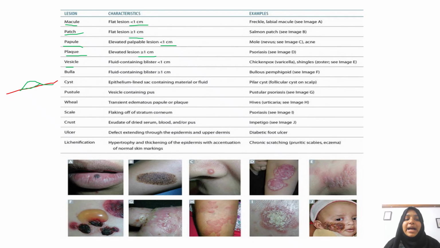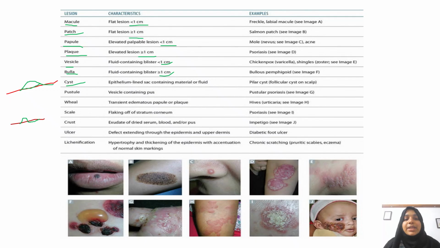Vesicle is when you have your skin layer, and then you have a very small fluid filled lesion. The other one was simply raised, it was not containing any fluid. Now this fluid filled blister, if it's less than 1 centimeter, is called a vesicle, like you see in chickenpox. And if it's more than 1 centimeter, a big fluid filled blister, it's called a bulla, like in bullous conditions such as bullous pemphigoid and pemphigus vulgaris.